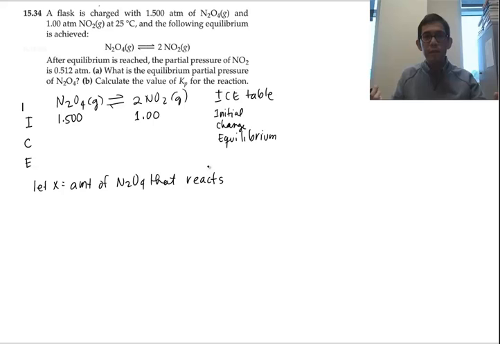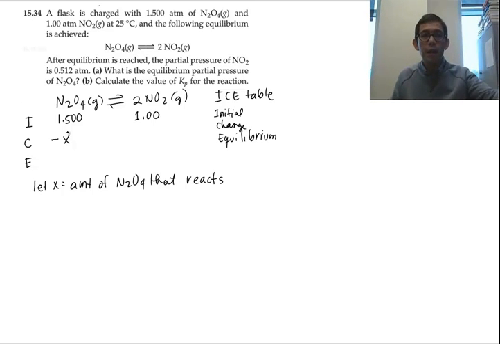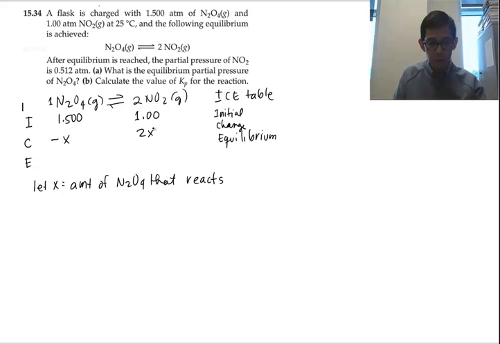So X amount of N2O4 decomposes, so minus X. On the reactant side, the amount of the reactant decreases because it becomes product, so it's minus X. And you look at the balanced equation. The molar ratio is 1:2. So for every 1 N2O4, you produce 2 NO2. So if you consume an X amount of N2O4, that means you have produced 2X of NO2 because it's 1:2.